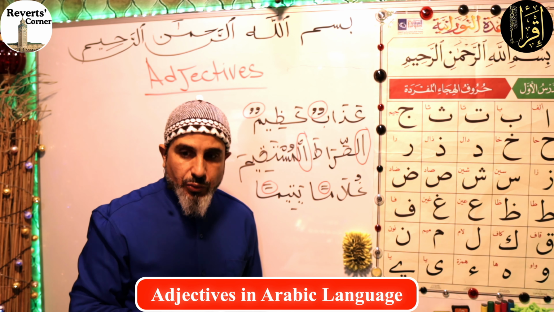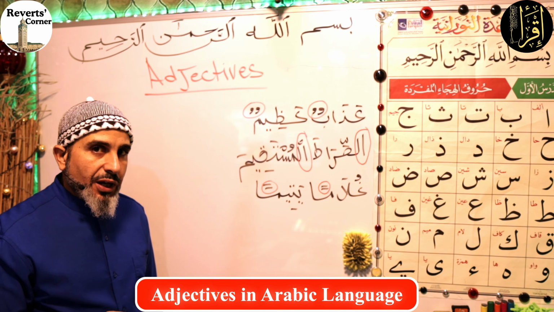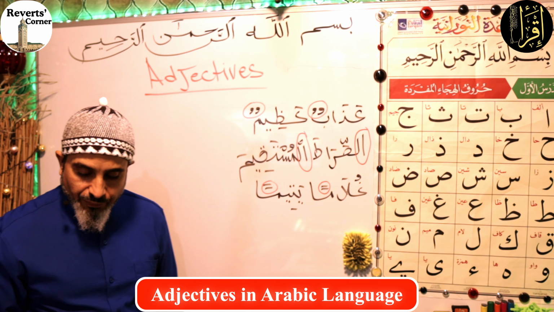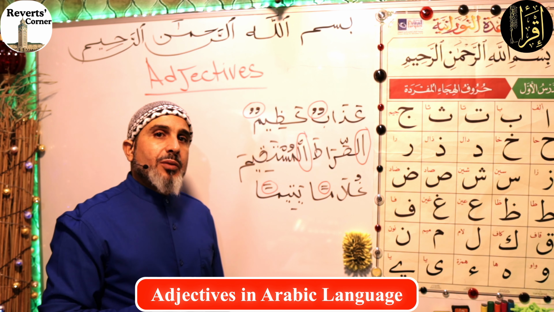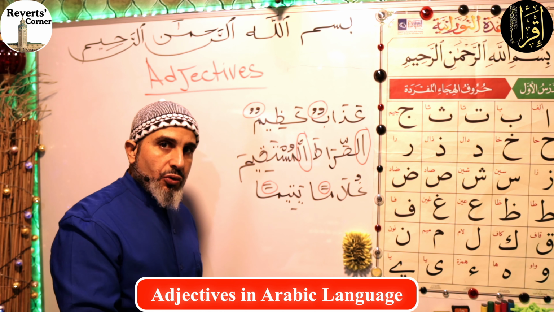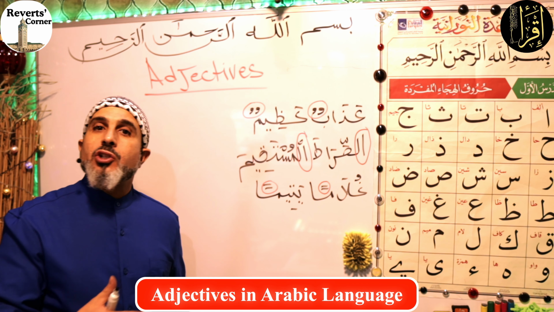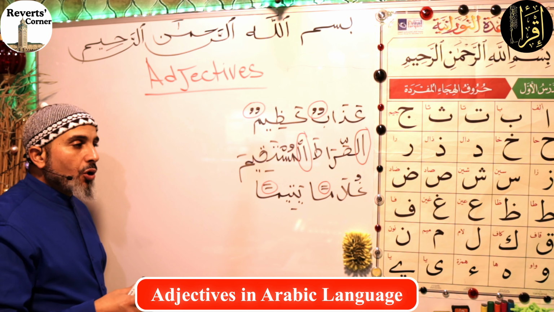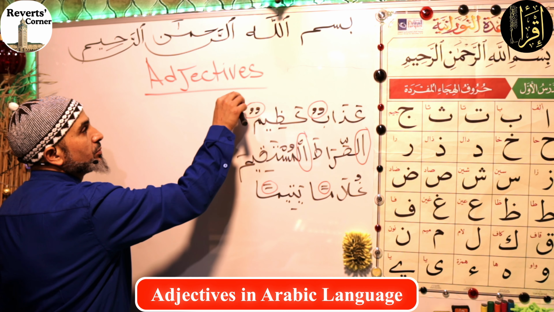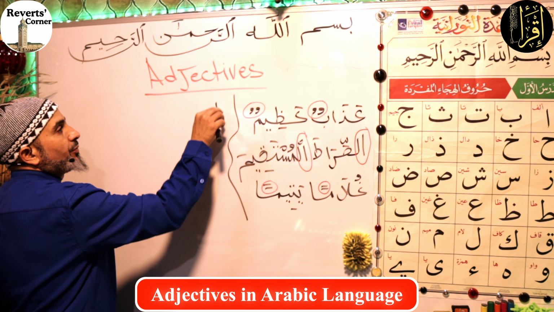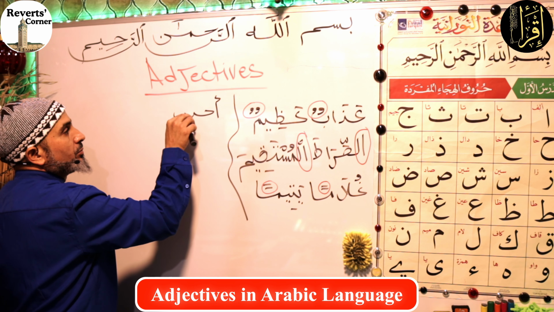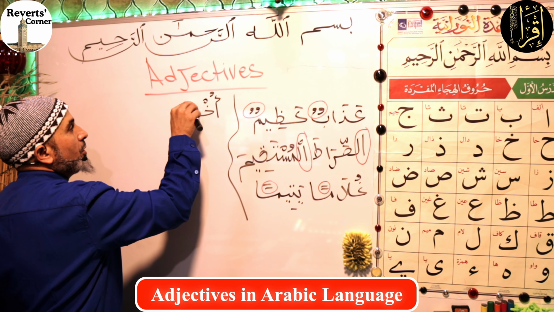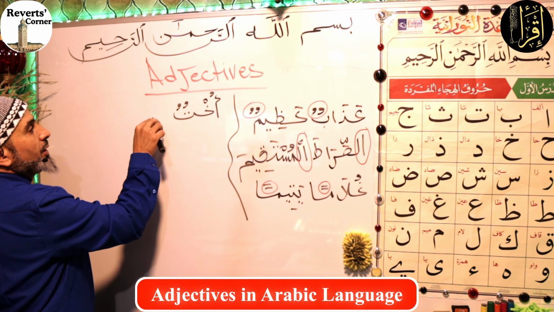You remember last class we talked about the definite and the indefinite. The next example is if the one that is being described is feminine, then the adjective should also be feminine. An example is أخت صغيرة.